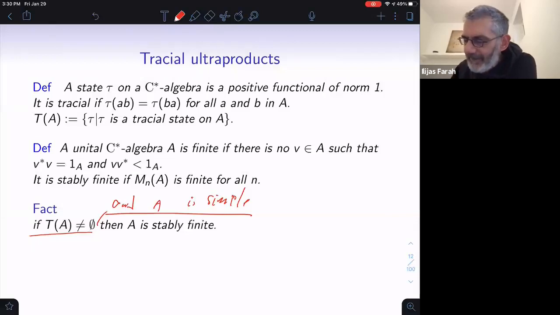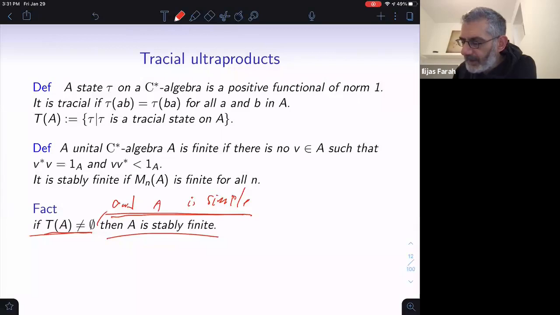So if A has a tracial state, and it is a simple C-star algebra, then it is stably finite. This is an exercise, and actually, I'm going to give you a great hint on the next slide. So if you're just a little bit patient, you can wait and you'll see what's going on.